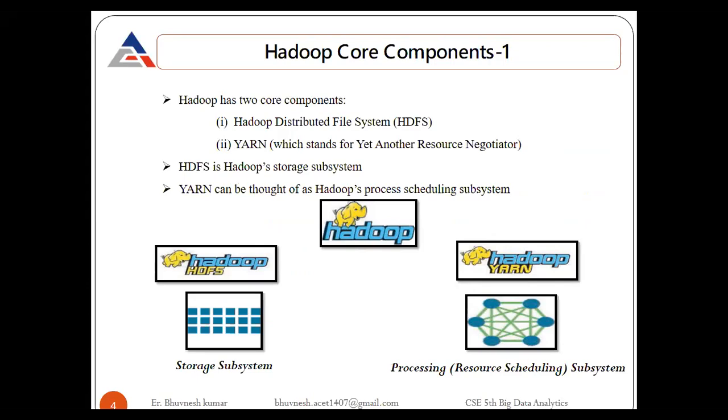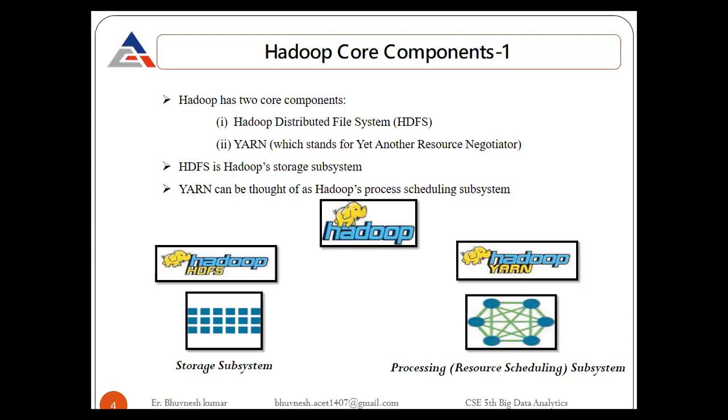Then there is YARN, which stands for Yet Another Resource Negotiator. HDFS is your Hadoop storage subsystem. Hadoop storage means data should be stored with the help of the Hadoop Distributed File System.